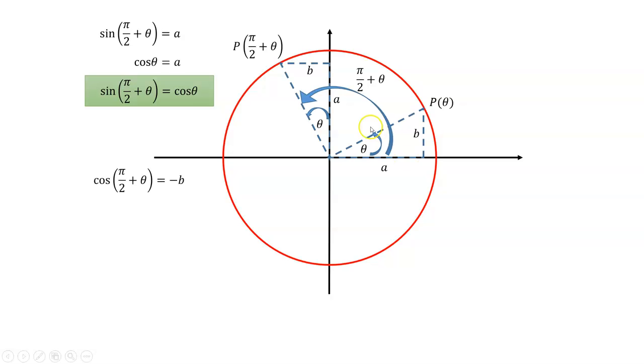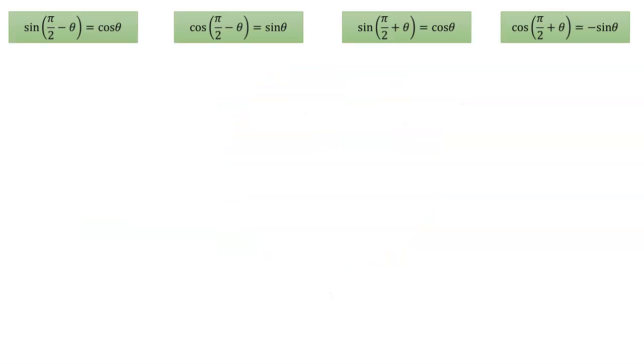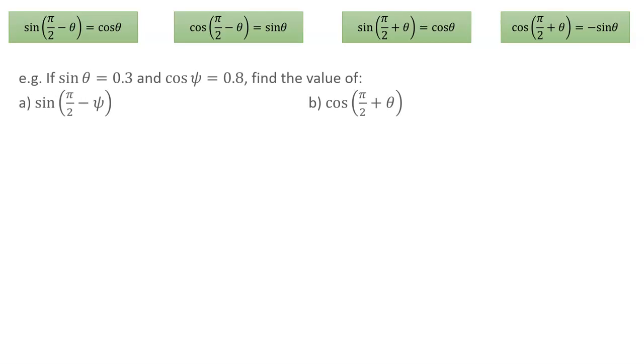Now, cosine of pi on 2 plus theta is negative B. Remember, we think of this as an xy axis. We've moved on the negative part of the x-axis B units, so it's negative B, which is equal to negative sine theta. So we can use these four results to work out other values.